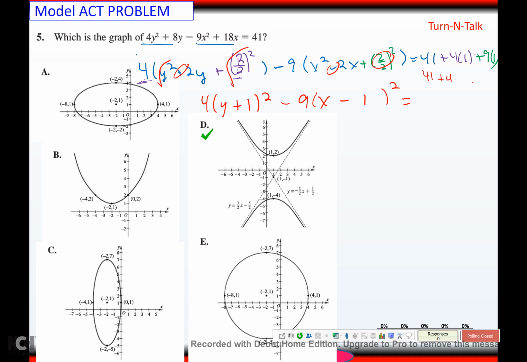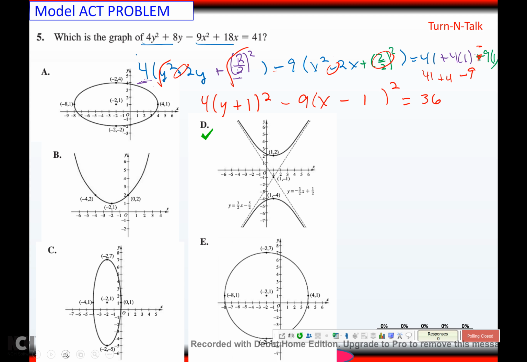This should be minus, sorry, because this one's negative 9 times 1. So I've got to do a negative 9 times 1 over here. So 41 plus 4 minus 9, and I get 36 over here.